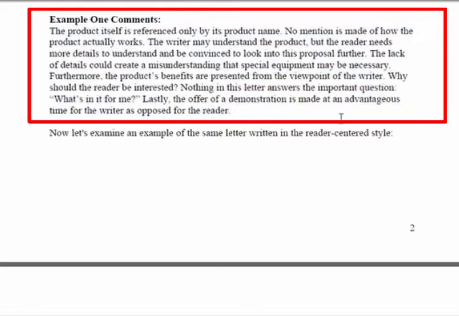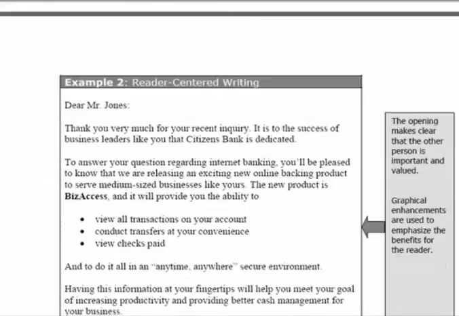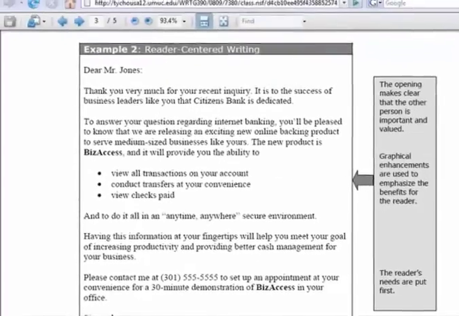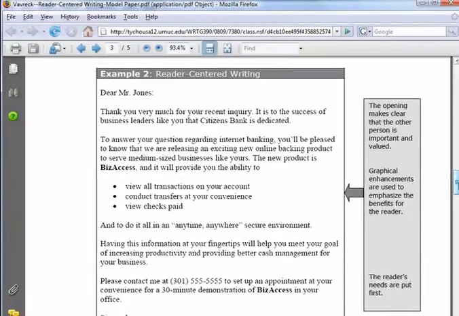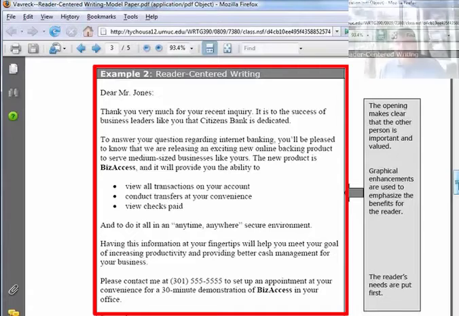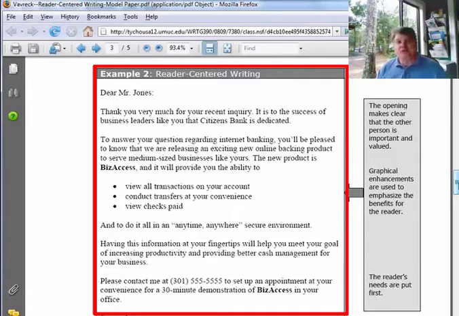Then Michael takes that same piece of writer-based writing, the same piece, and revises it. He translates it into reader-based writing. And you're going to see all the different ways that he translates it.